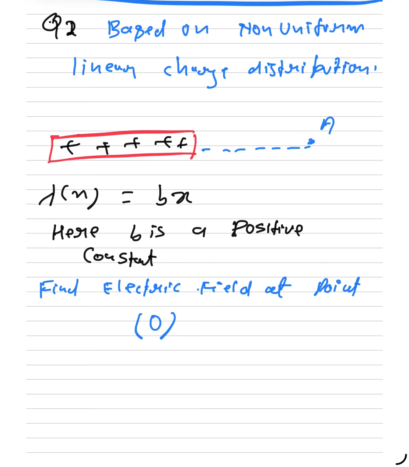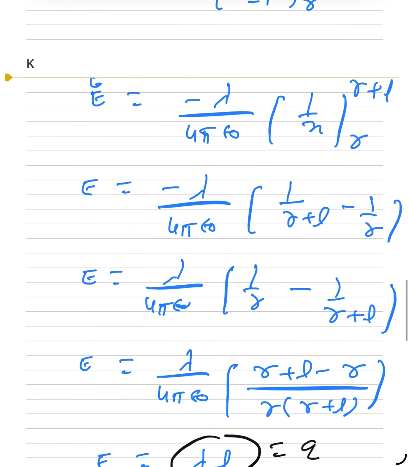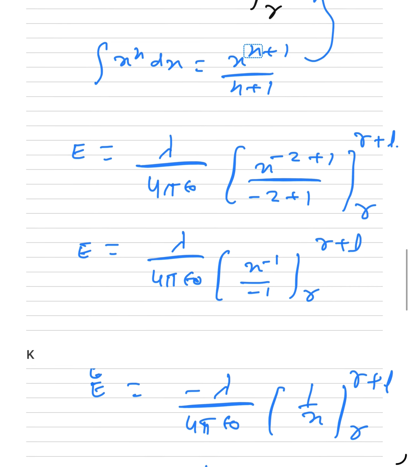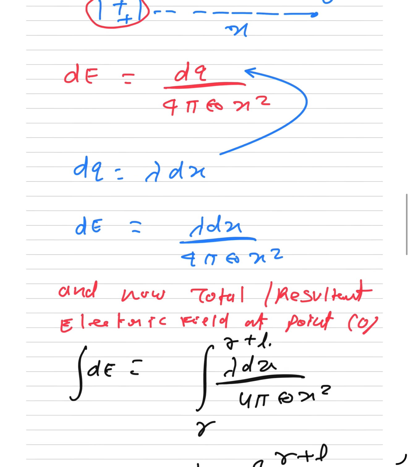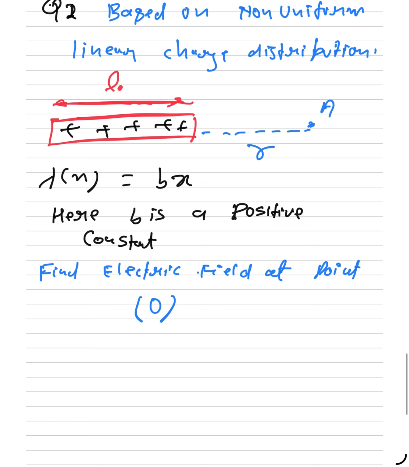This is a separation distance r, and this length is L. It is a similar numerical problem but with some basic change. The initial problem had uniform linear charge distribution, but in this second numerical problem the charge distribution is non-uniform, lambda is a function of x and continuously changes with displacement, right.